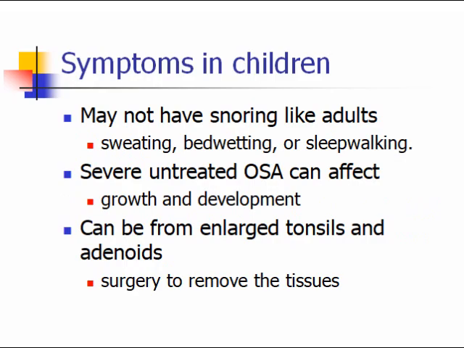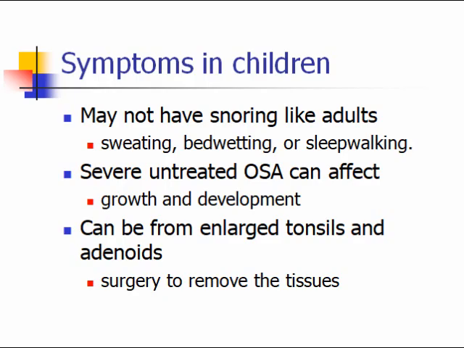Now, these symptoms of OSA might not be snoring like in adults. Some do snore. But there may be other things that occur, such as increased sweating, maybe even bedwetting or sleepwalking.